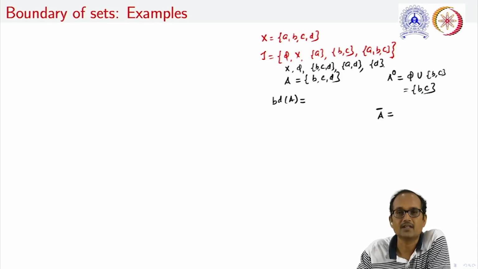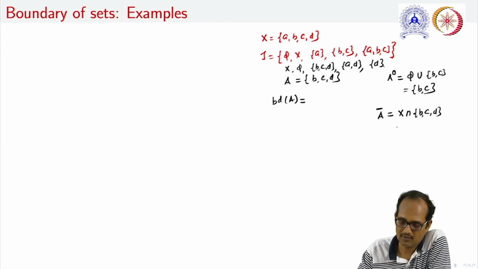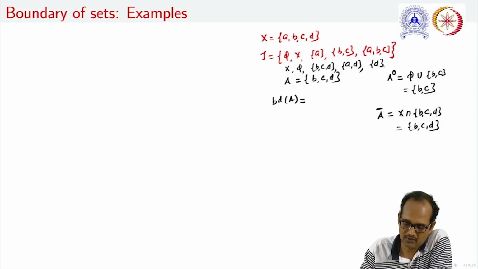Now we have to take the intersection of all closed sets containing this A, that is nothing but X intersection bcd, that will be A itself, that is bcd. Finally, the boundary is the closure of A minus the interior of A, and if we are computing this set, that will be the singleton set d.